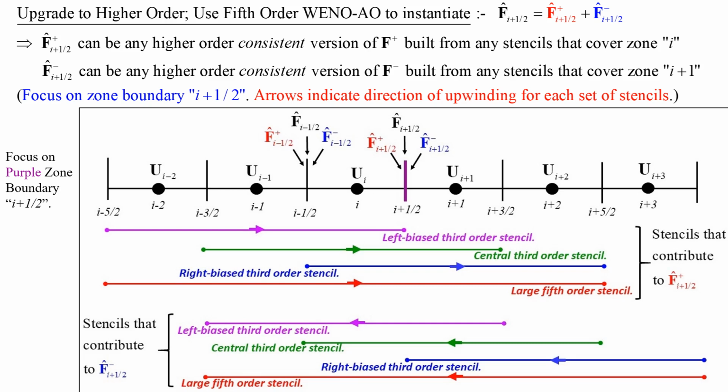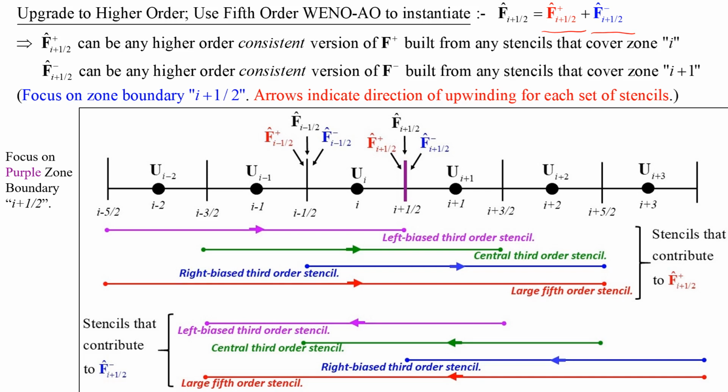We know for conservative hyperbolic PDE systems, we want a very high order accurate representation of F plus at the zone boundary I plus a half and F minus at the same zone boundary I plus a half. This is illustrated, impressionistically at least, by this figure.